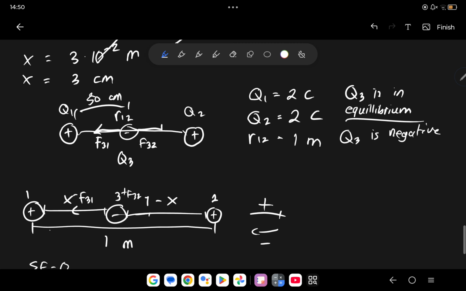Now, the answer isn't always going to be directly in the middle, but in this case it's directly in the middle because the charge from both particles has the exact same magnitude. It's the exact same size, exact same sign too, so it's directly in the middle. That's why it's directly in the middle.